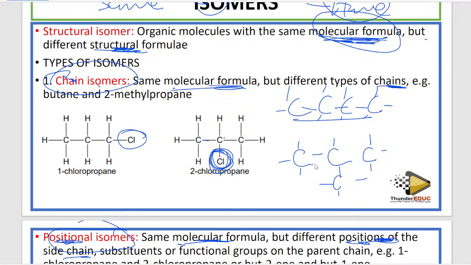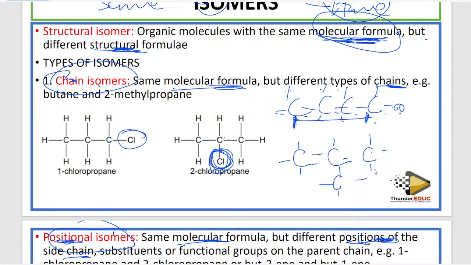Carbon atoms are the same. 1, 2, 3, 4. The same. 1, 2, 3, 4. Let me count the hydrogens again. 1, 2, 3, 4, 5, 6, 7, 8, 9, 10.